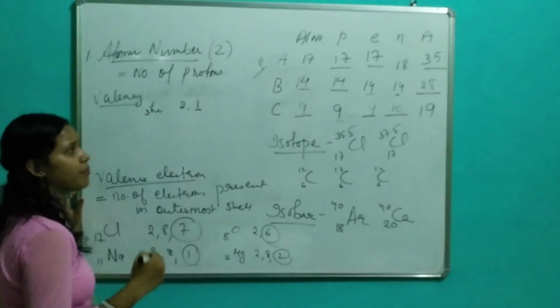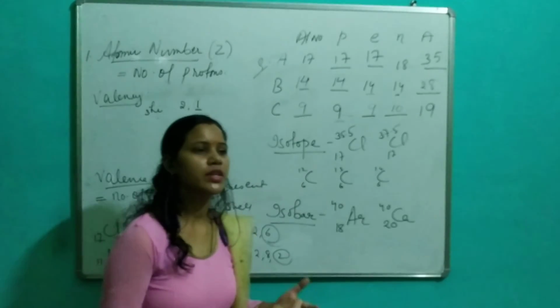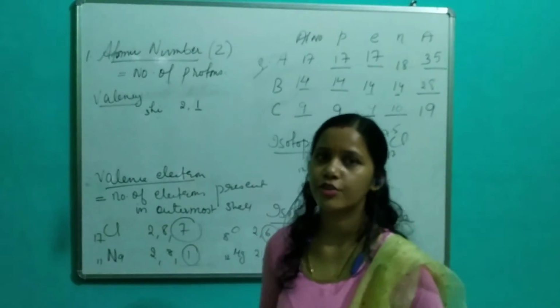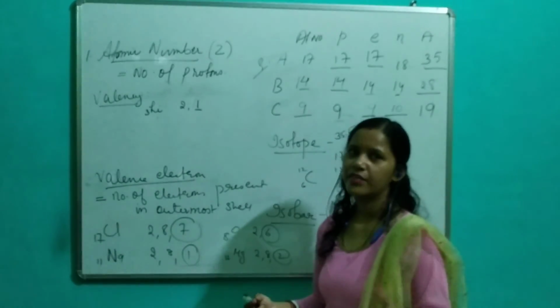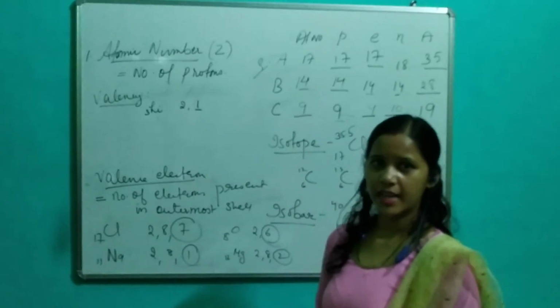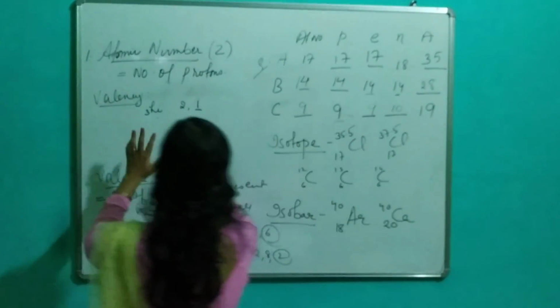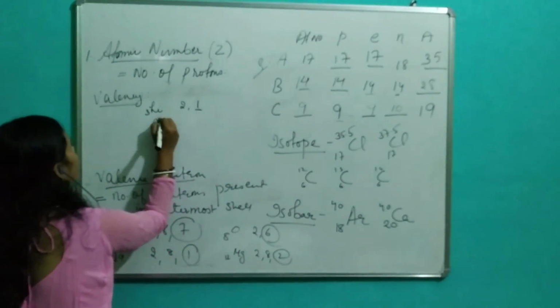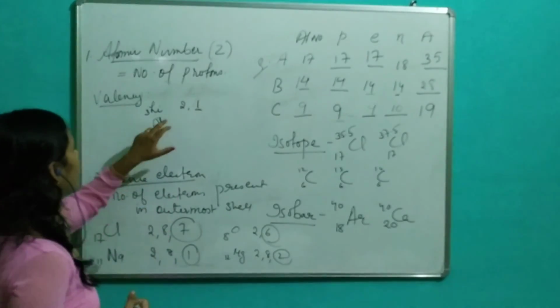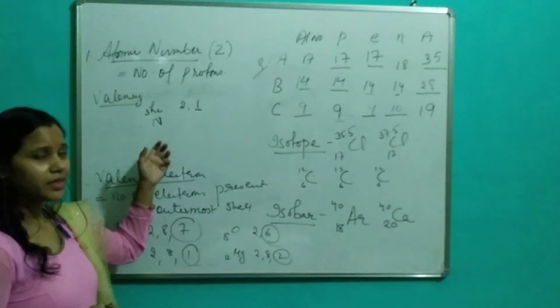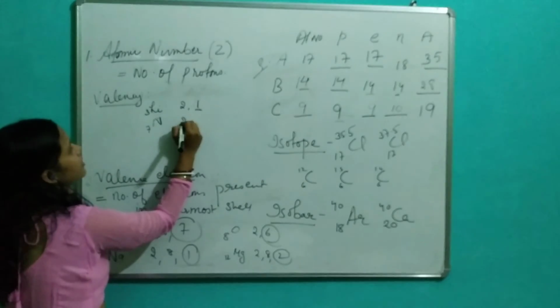Carbon, I am not giving example because carbon is an exception. It is tetravalent. It has 4 electrons in its outermost shell. That we will discuss next year in class 10th. Okay, so not now. Then another example, suppose nitrogen, nitrogen is 7. It has 2, 5.